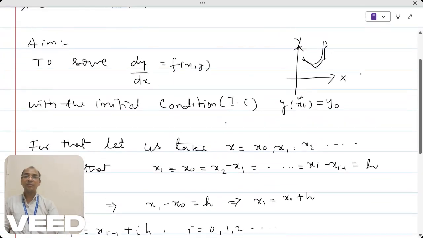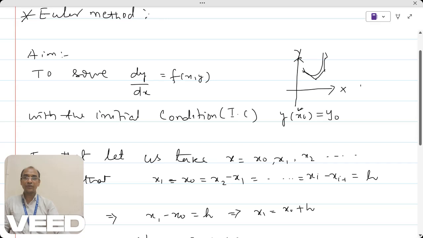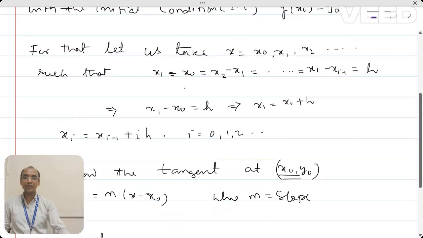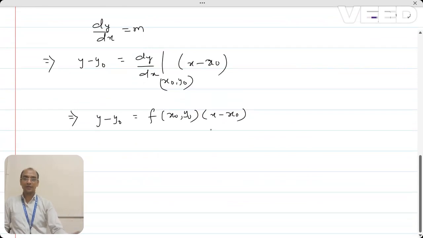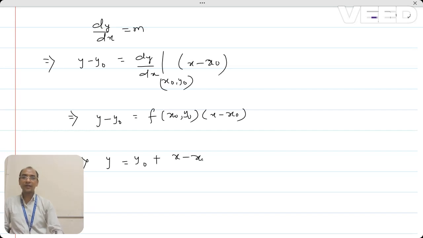Here my aim is to solve dy by dx, which is nothing but f of x, y, and so that tangent I am replacing by f of x, y. Now depending upon the value of x, we can find the value of y. For example, from here we can write y equal to y0 plus x minus x0 into f of x0, y0.